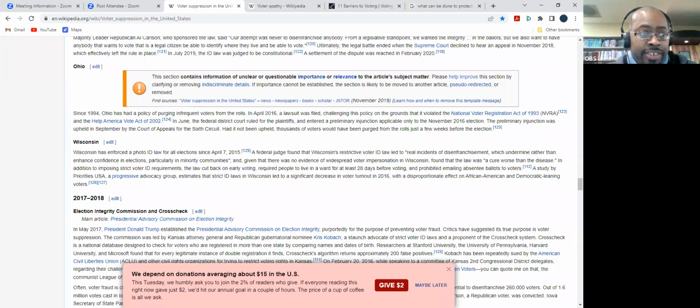The case here was decided in favor of the plaintiff by the U.S. Court of Appeals for the 6th Circuit.